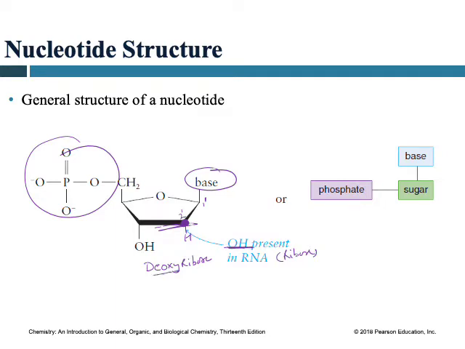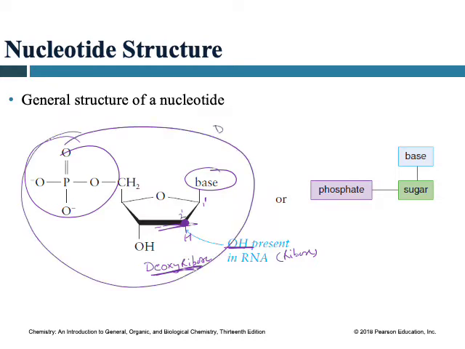That means this is deoxyribose. And the moment we know this is deoxyribose sugar, we know this nucleotide belongs to DNA, because we use deoxyribose. So this nucleotide is present in DNA, not in RNA. Right? And you can also draw the nucleotide like this: base attached to the sugar, and phosphate also attached to the sugar. So this is also a nucleotide.